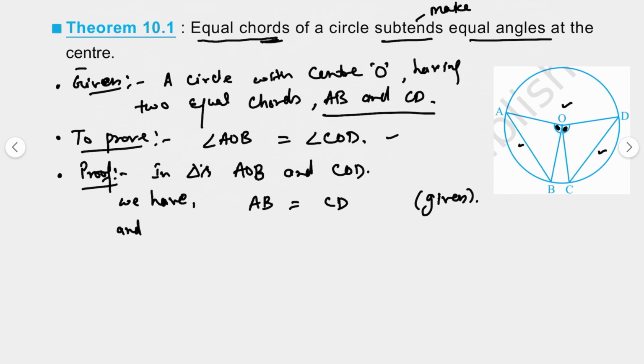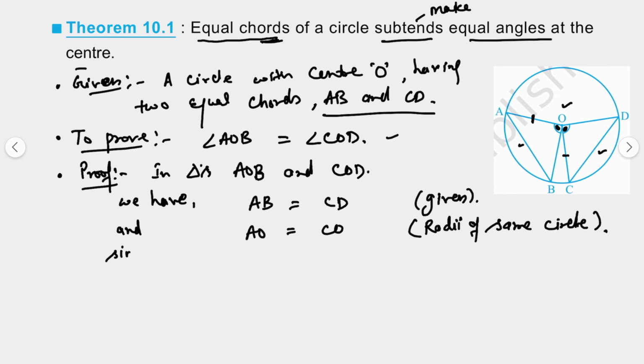And we have AO and CO will be equal because they are the radii of the same circle. So we'll write AO is equal to CO. The reason for this is radii of same circle. That's why these two will be equal.